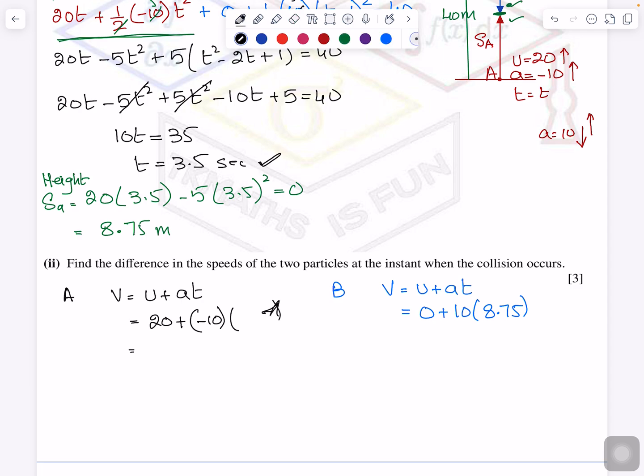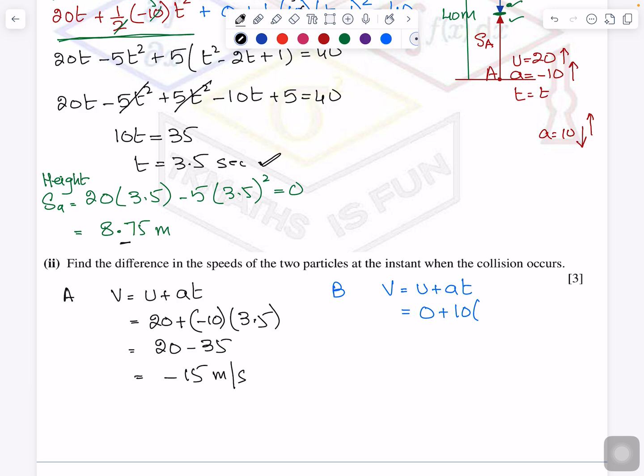I put the values correctly in the calculator, but I wrote here incorrectly, right? So I'm just writing the time here again. Okay, so in this case it was 3.5 because this 8.75 was the distance, right? So 20 minus 35 is equals to minus 15. So I calculated correctly, but I put the value here wrong.